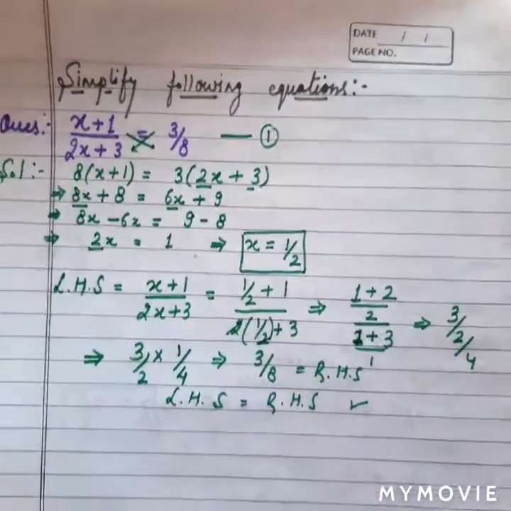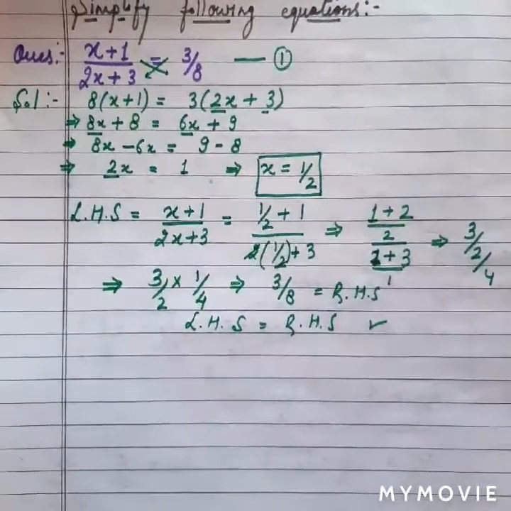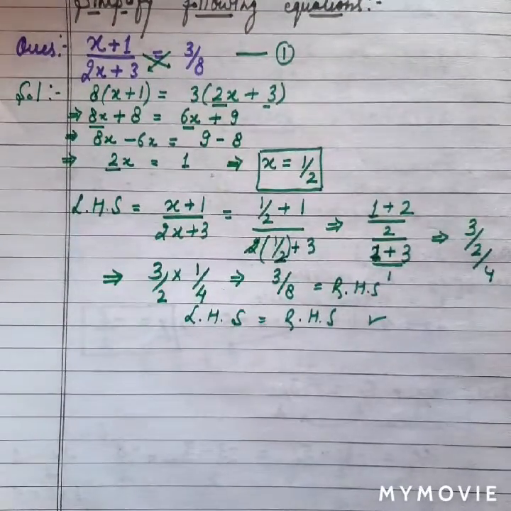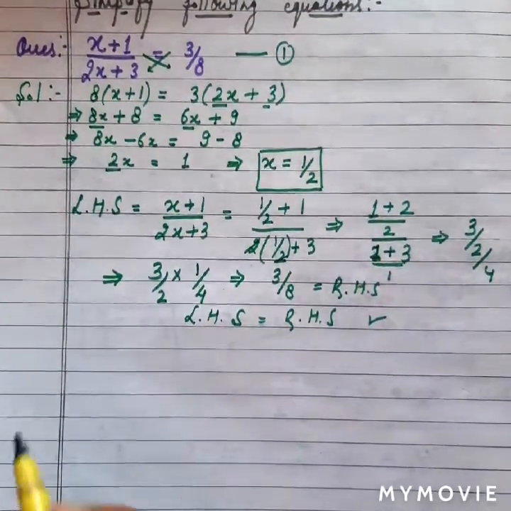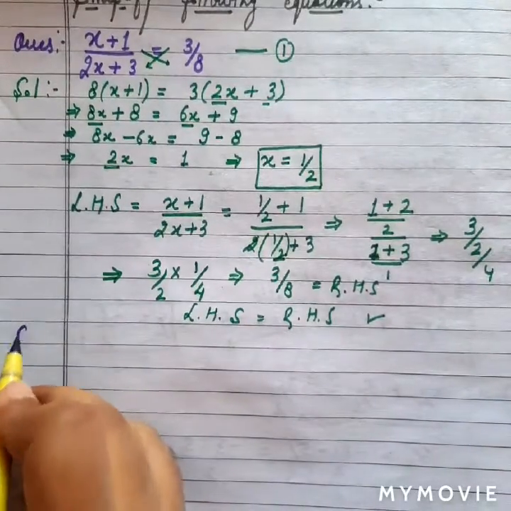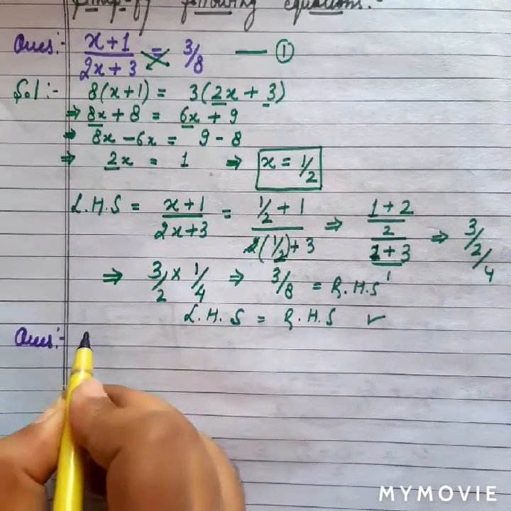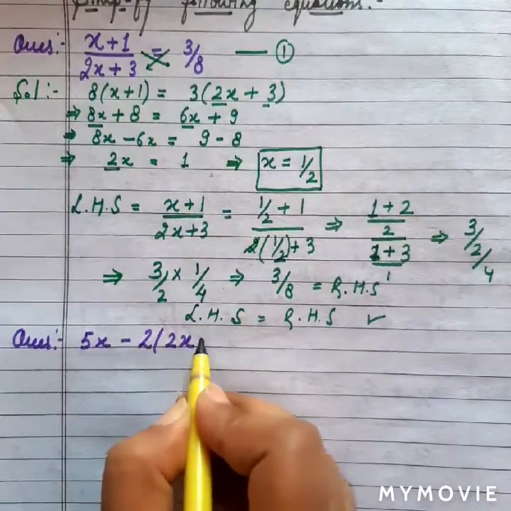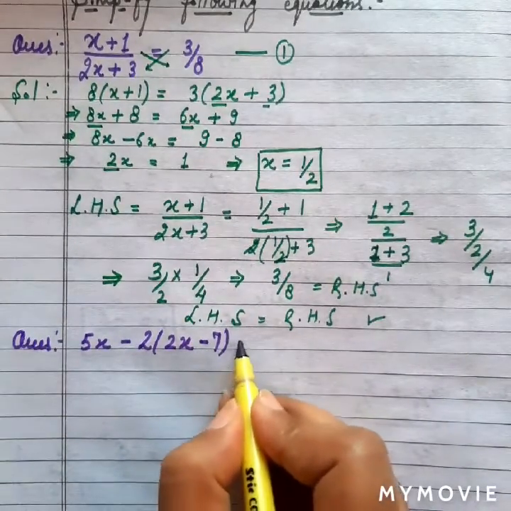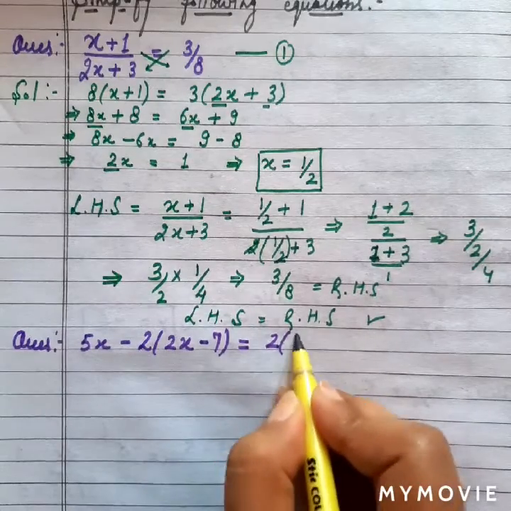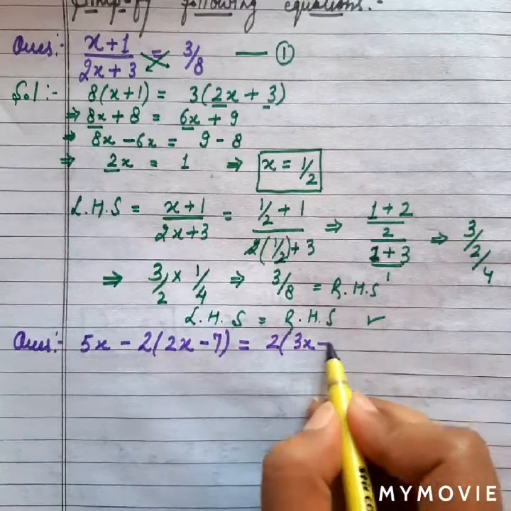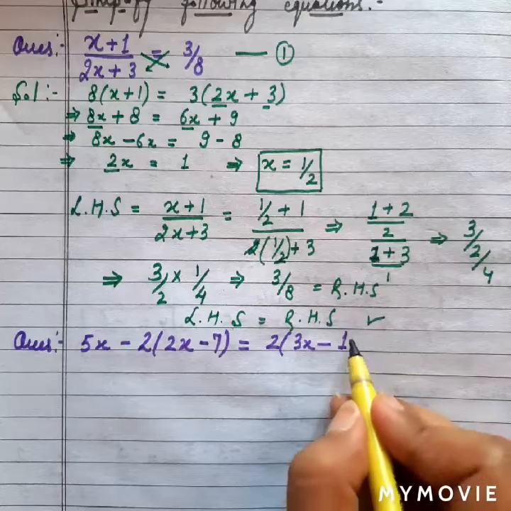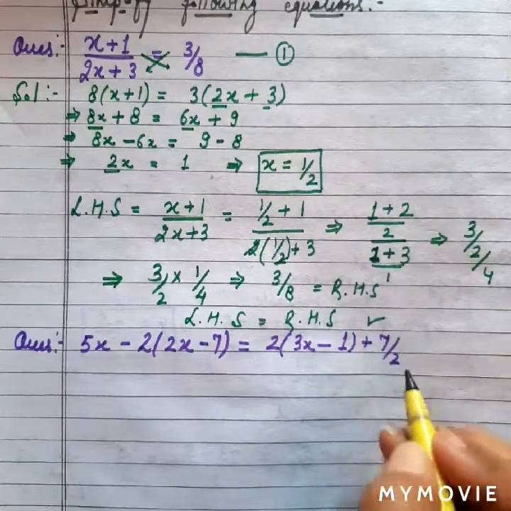Fine. In this way we will come to next question, which is also similar. Here we have 5x minus 2(2x minus 7) is equal to 2(3x minus 1) plus 7 by 2.